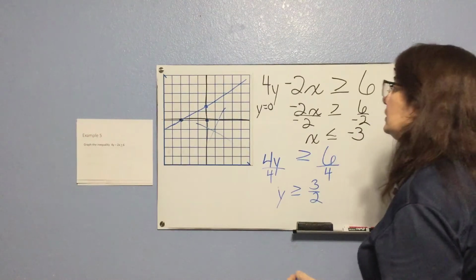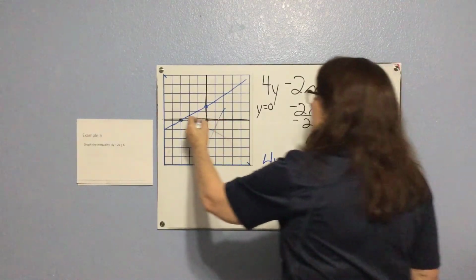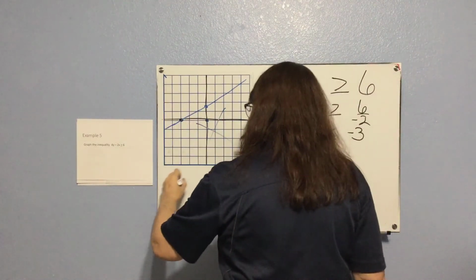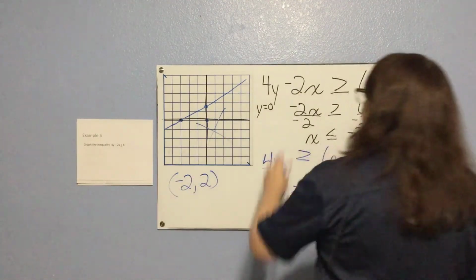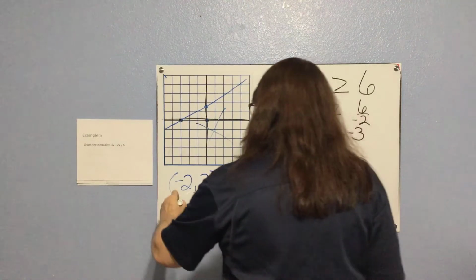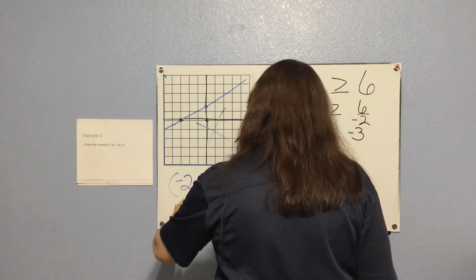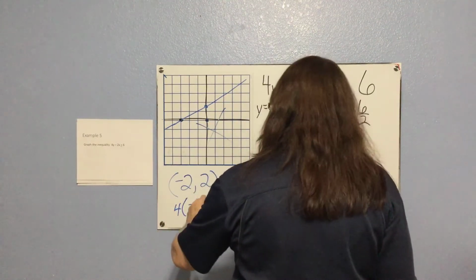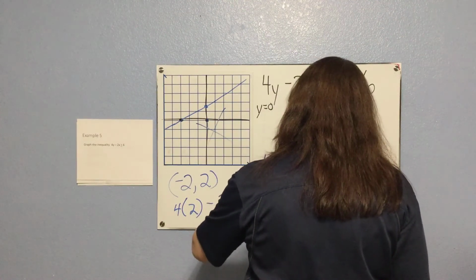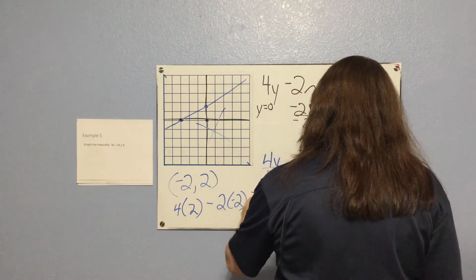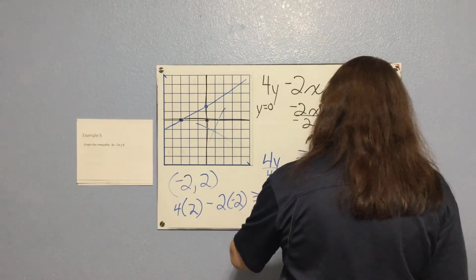Just to be sure, let's use -2, 2. And if I put that in here, I'm going to have 4 times 2 minus 2 times -2. And I want to know, is that greater than or equal to 6?